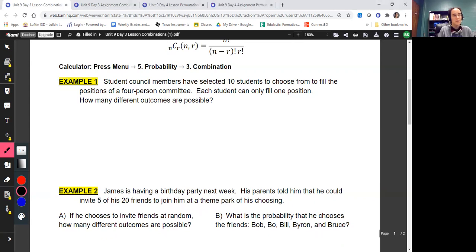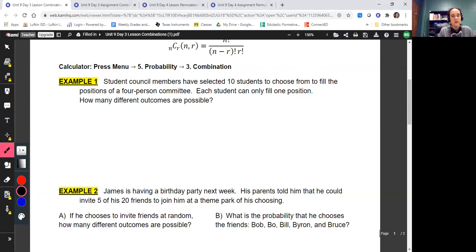So our first example, student council members have selected 10 students to choose from to fill the position of a 4-person committee. Each student can only fill one position. How many different outcomes are possible?